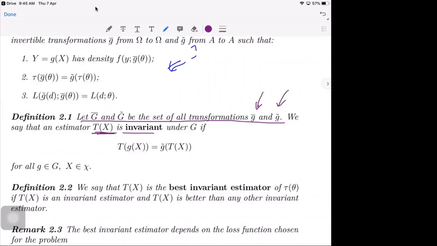Okay? T of X is invariant. So, what is T of X? This is your example. This is your X. One possible T of X is a summation of Xi. So, that is a transformation on your X. Or, S of T is a sufficient one.